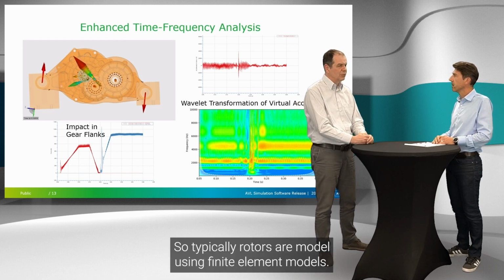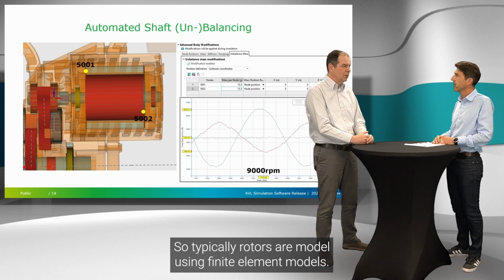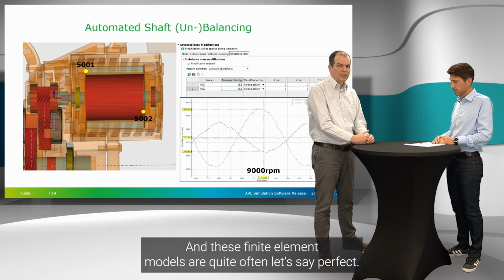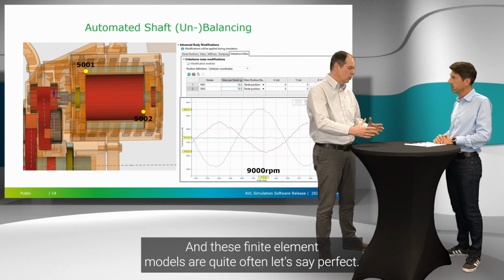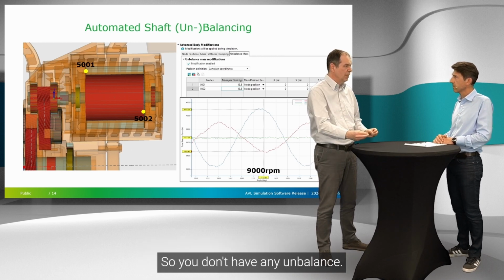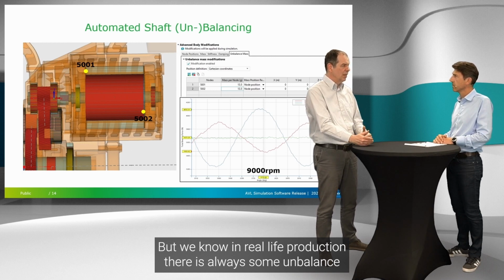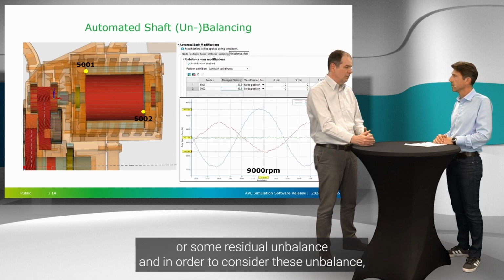Yes. So typically, rotors are modeled using finite element models, and these finite element models are quite often, let's say, perfect, so you don't have any unbalance. But we know that in real-life production, there is always some unbalance or some residual unbalance.